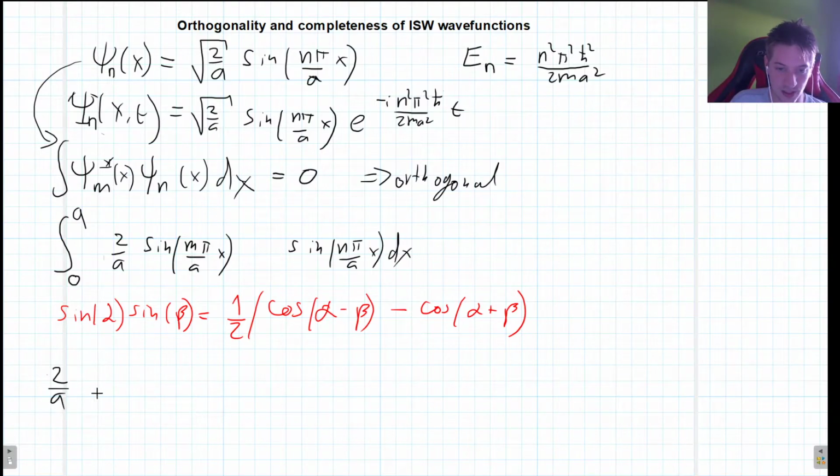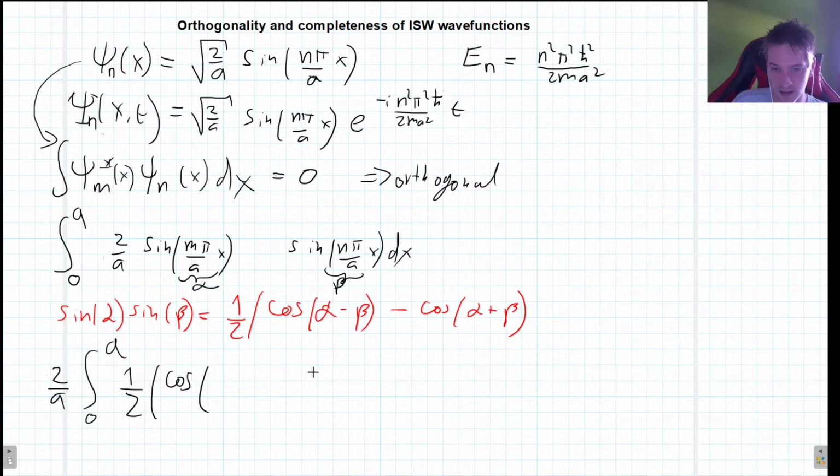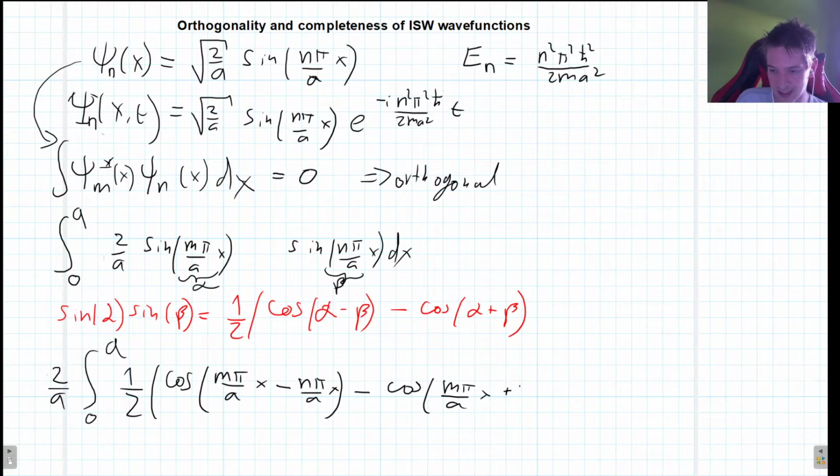So we just put this 2 over a outside, integral 0 to a of a half cosine of, okay, let's just say that this right here is going to be alpha, this right here is going to be beta. So alpha is just going to be m pi over a x minus beta, which is n pi over a x, and this whole thing minus cosine of now the sum of these. So the sum is just going to be m pi over a x plus n pi over a x dx.